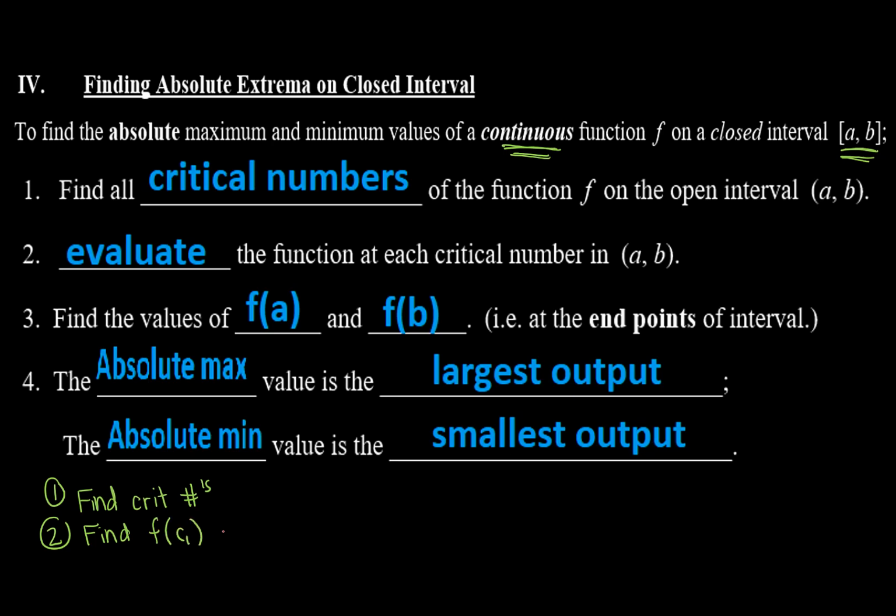So you find all the values of your critical numbers in your original function. Next, you check your endpoints. You look at f of a and f of b. And then last, you basically are comparing your answers. So you're going to compare, and who's the biggest, who's the smallest.